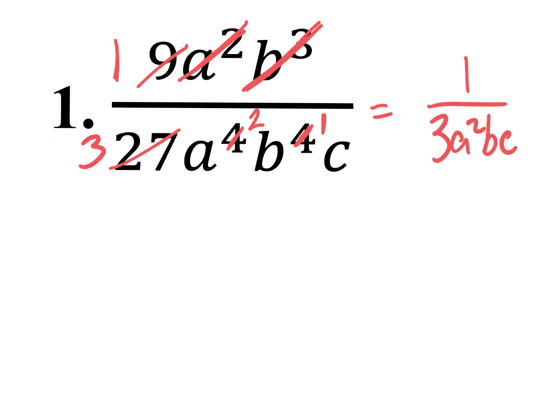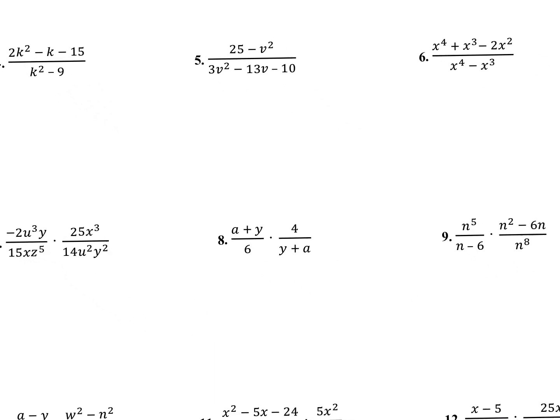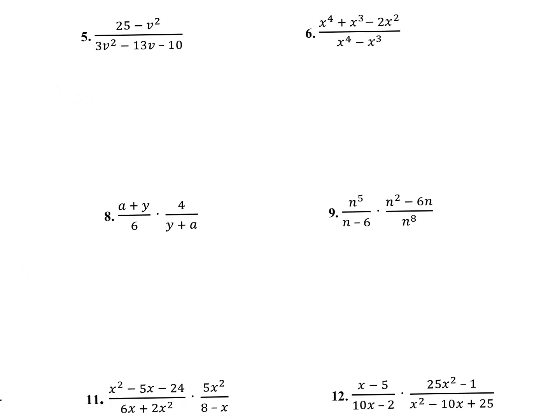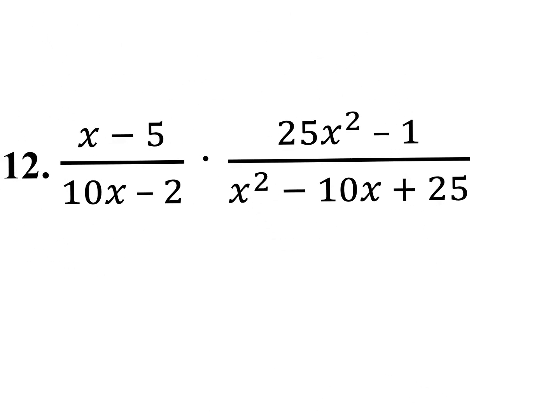Straightforward, easy. Now, on the other questions, you will have to factor first and then cancel, right? And it gets fun. Like right here, we have difference of 2 squares, where you would have to rewrite it in factored form, where you take the square root of 25x squared, that's a 5x, and the square root of 1, and that's a 1.